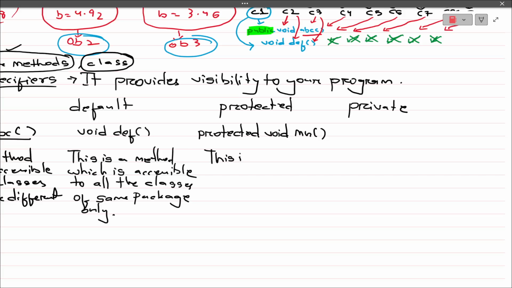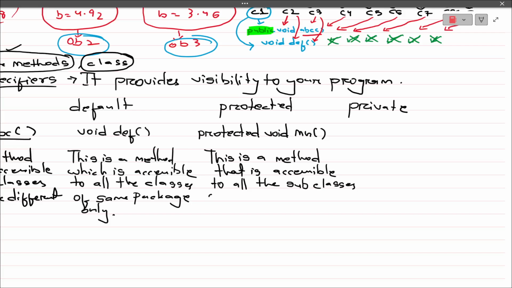Here I can write that this is a method that is accessible to all the subclasses, very important one, this one, subclasses of same or different package.